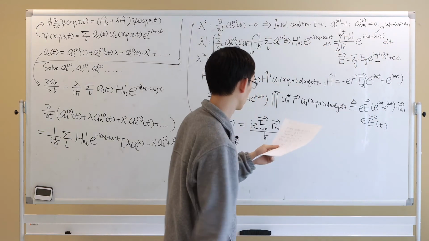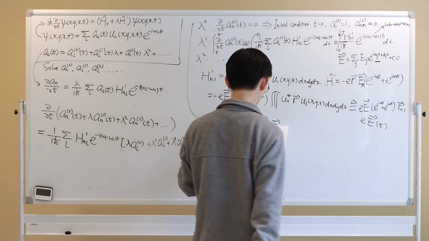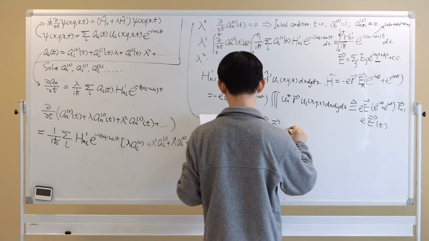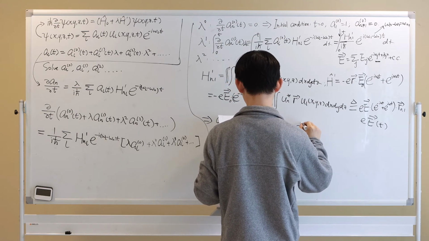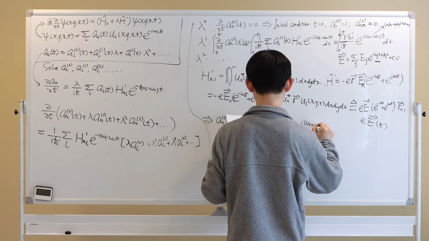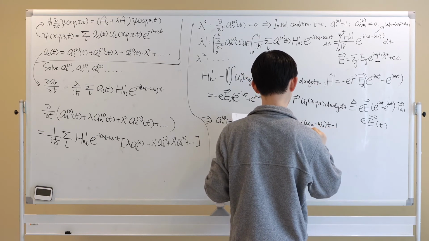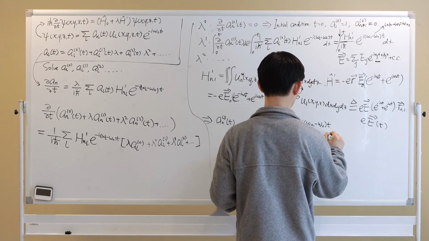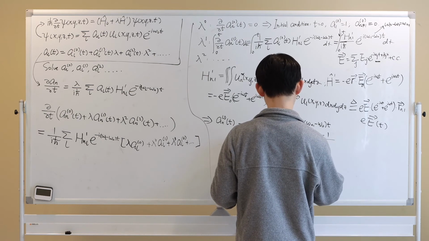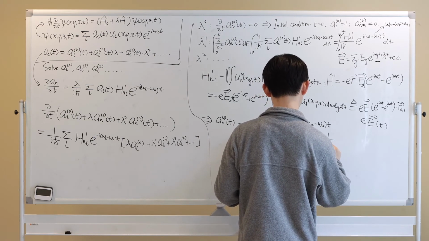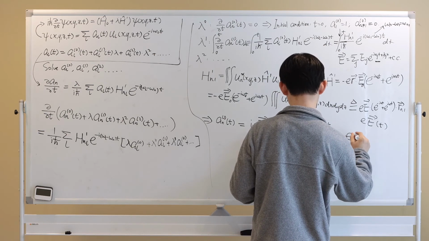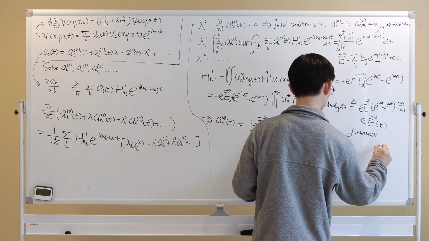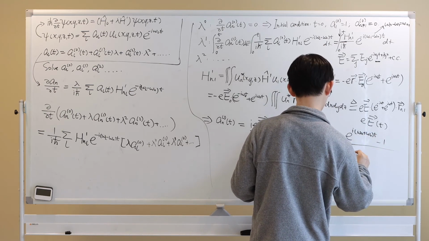This is our definition, omega n1. So with this, you do this integration and plug in the initial condition, and here we get e to the I omega n1 minus omega naught t minus 1, over omega n1 minus omega naught, plus e to the I omega n1 plus omega naught t minus 1, over omega n1 plus omega naught.